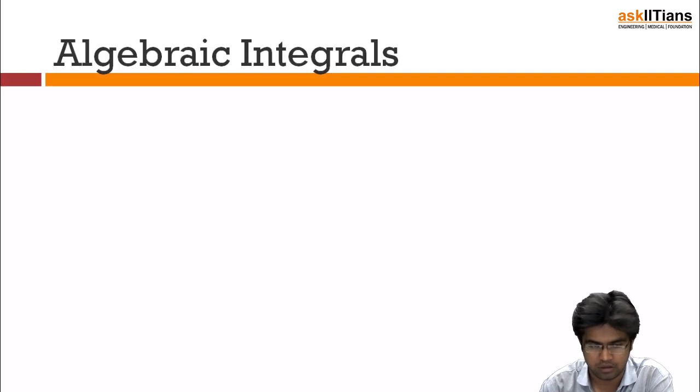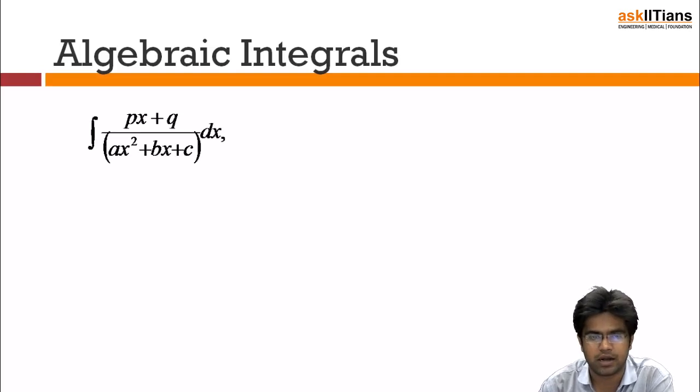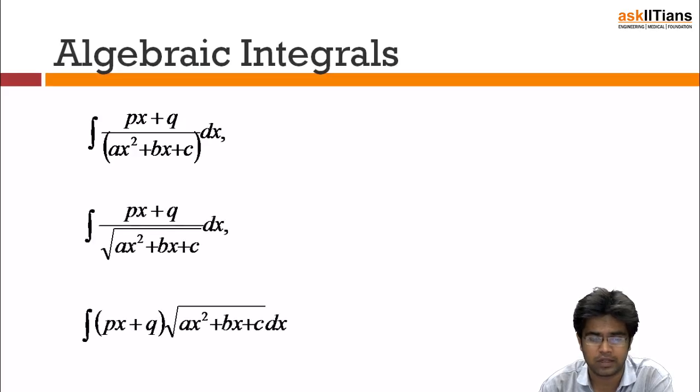Algebraic integrals. Now what happens is that there are actually three major algebraic integrals of first form. They are these. So that means that we have a linear equation like we have in the front, so linear associated with a quadratic equation.